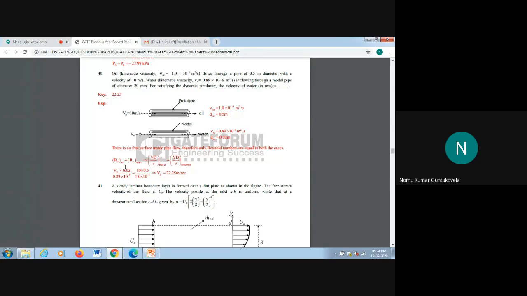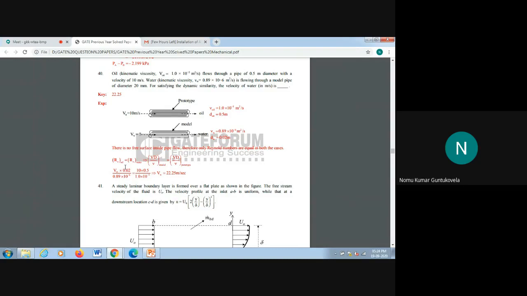With the help of weight forces and pressure forces, we get the Euler's equation. With inertial forces and viscous forces, we get the Reynolds number. With gravitational forces and inertial forces, we get the Froude number. Like this, we get a number of forces.